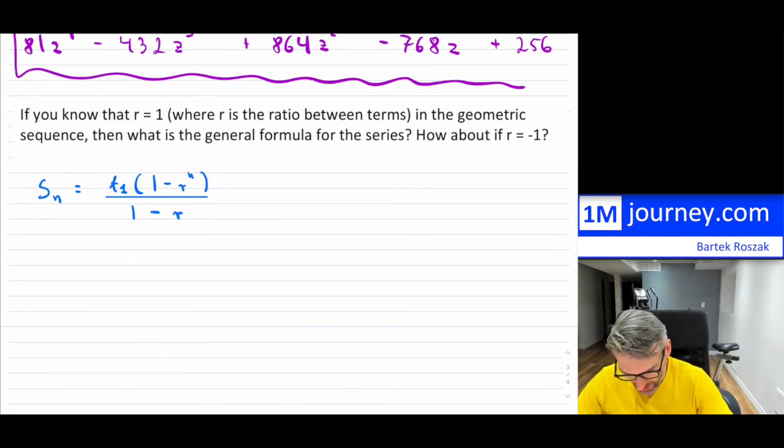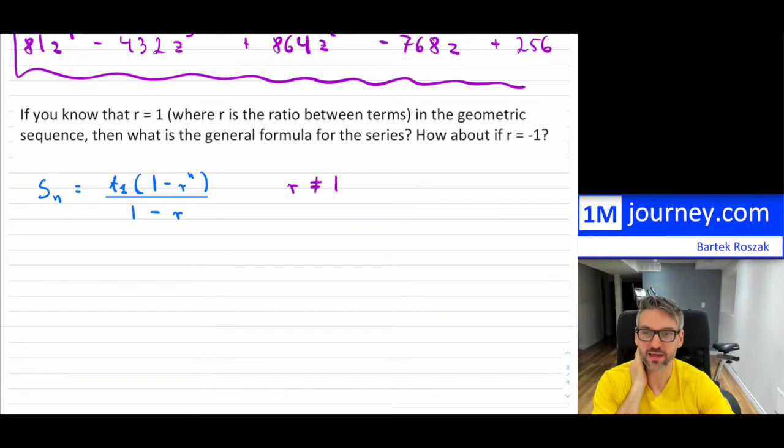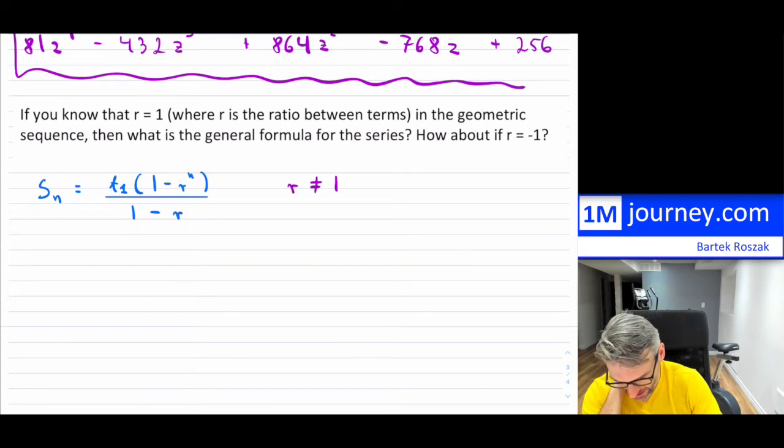For the series, if r is equal to 1, we have a problem, right? Because this is actually not defined for 1. 1 minus r is going to give you 0 in the denominator, and so really we don't have a sum. But if r is equal to 1, that doesn't mean the sum is actually equal to 0, right? So let's take a look what happens.